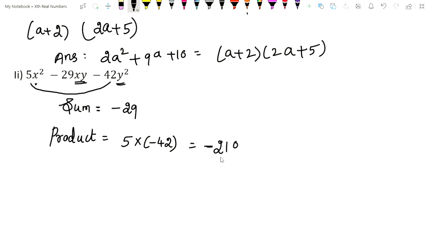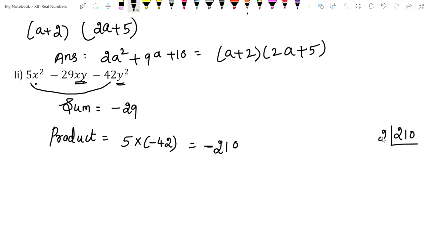So in this case what you will do, children? Bigger number negative, smaller number positive signs you want to put. In previous questions, the product is a very simple number, but here 210 is a bigger number. So in this case, just do the LCM. Through the LCM, you find the factors.